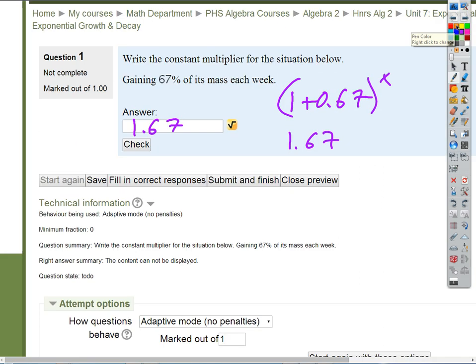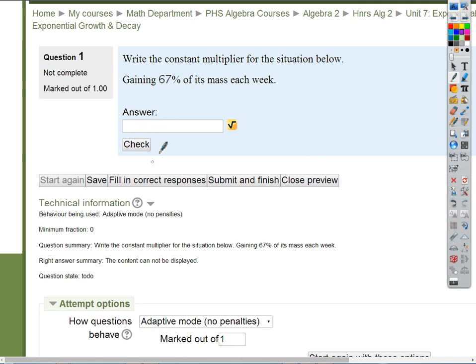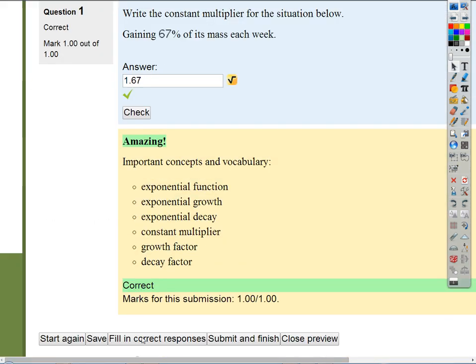So that one's 1.67. You just tell me the answers to these, and we'll type a few in. But you don't have to have the x in there. All it wants is to know what's the equivalent constant multiplier. So it would just be 1 point. Yeah, so there's that one. Let's do another one.